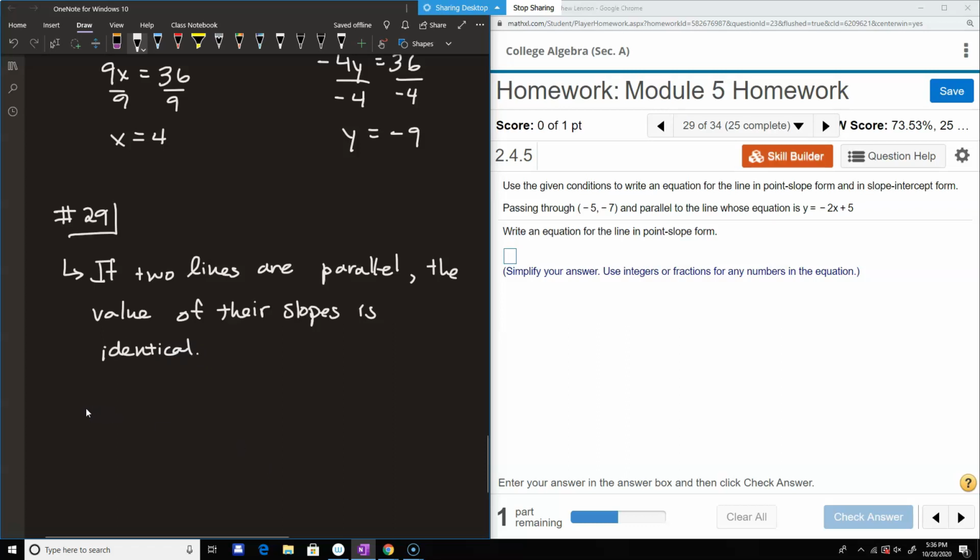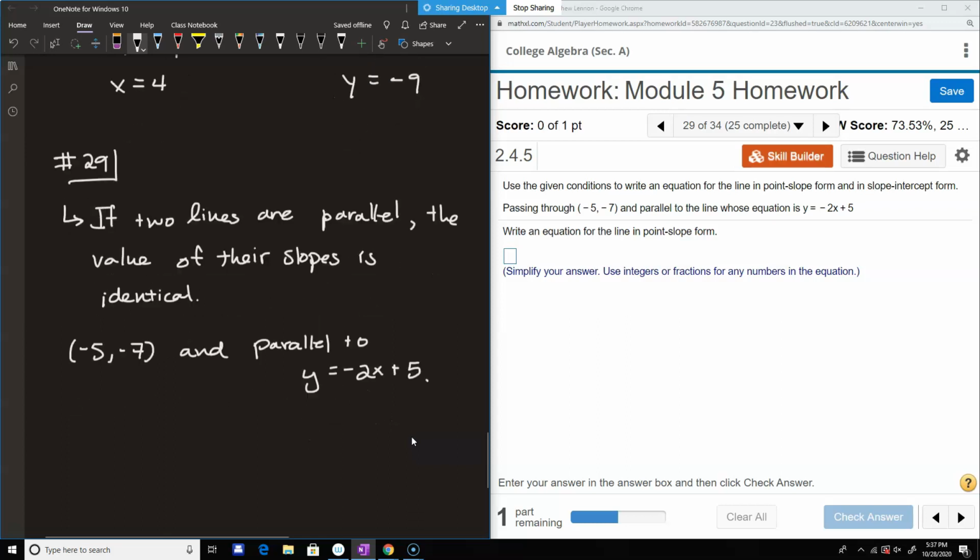So in this problem, we want to find the equation of the line that passes through -5, -7, and parallel to y equals -2x plus 5. Well, if it's parallel to the line, that's all we care about is the slope.